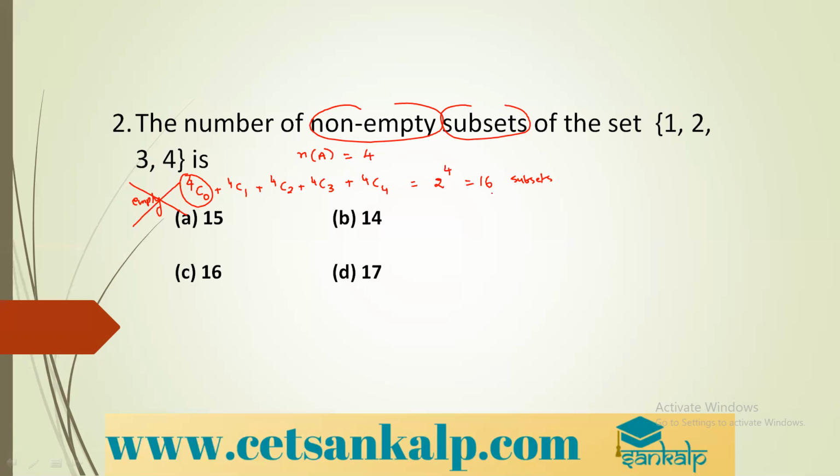So from 16 subsets, you have to subtract 4C0. 4C0 means one subset which is empty, that you have to subtract. That means 15 subsets, that too non-empty subsets, can be formed. And so you will go for the option 15.